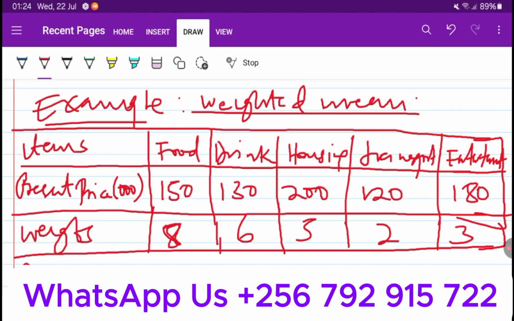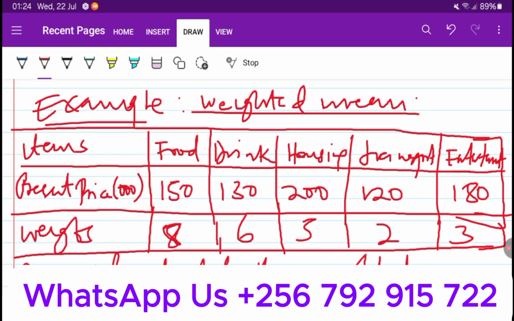And the required is for us to calculate the weighted mean.